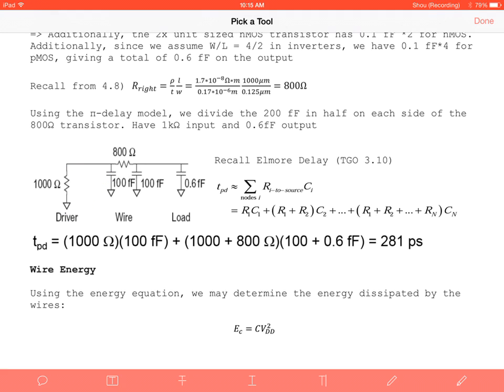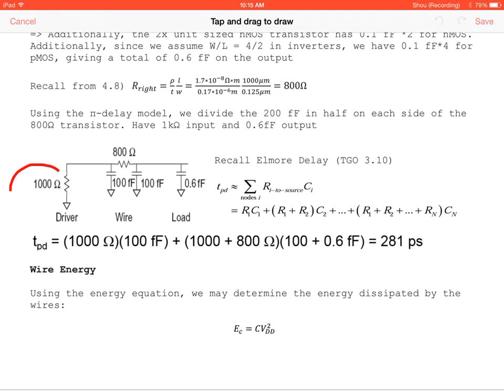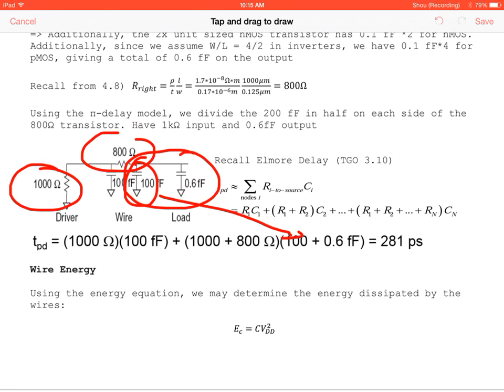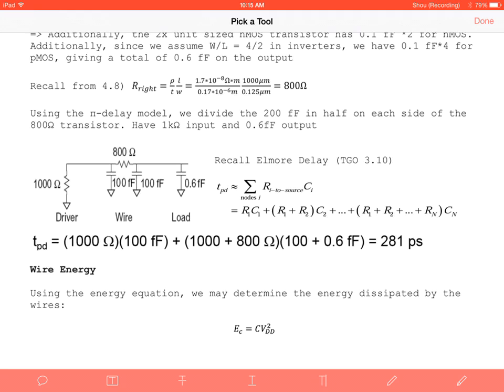Then we have 1,000 plus 800, which is R1 plus R2, times C2. Remember, when capacitors are in parallel, you add them. So you take these two capacitances, 100 femtofarads plus 0.6 femtofarads, and this becomes C2 that we multiply for our Elmore delay. Therefore, we're able to calculate the delay of the wire as 181 picoseconds.